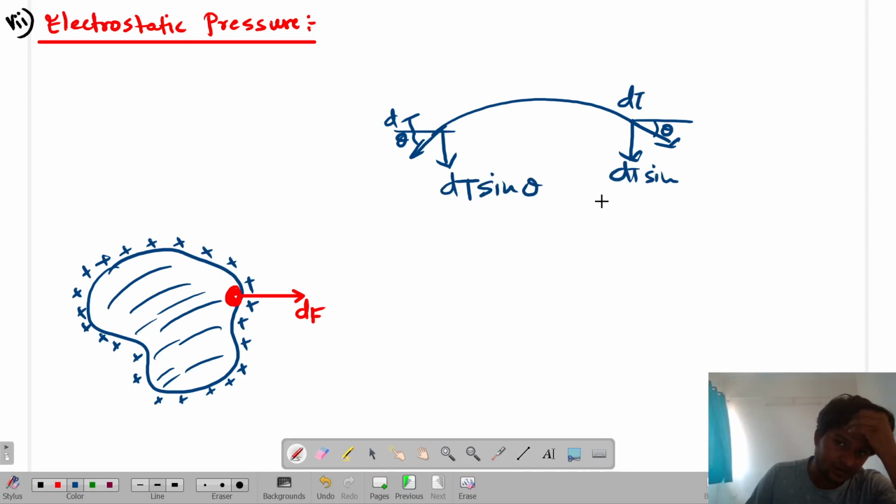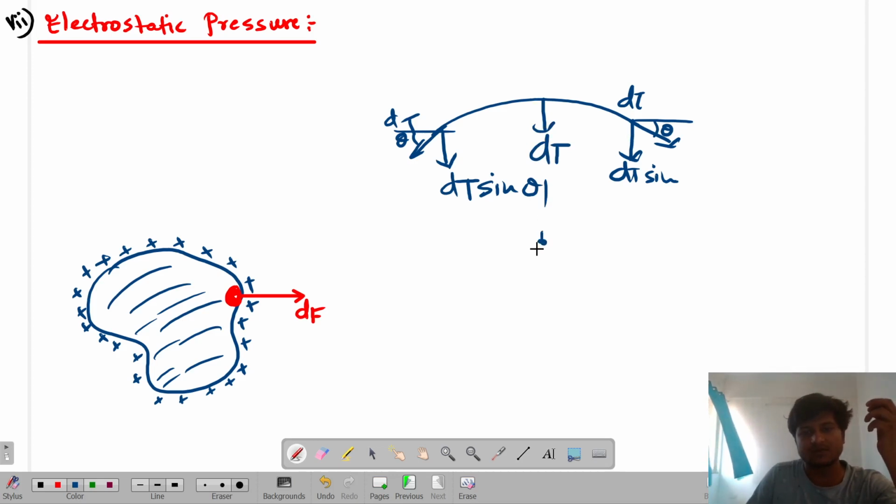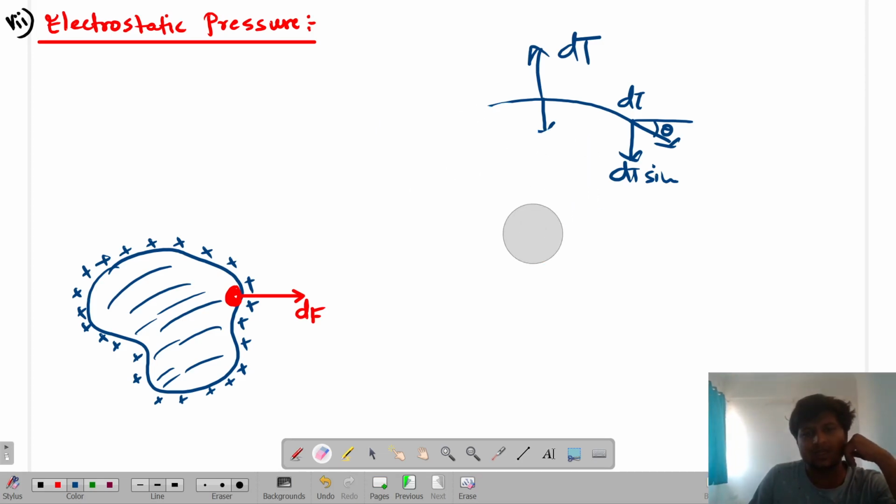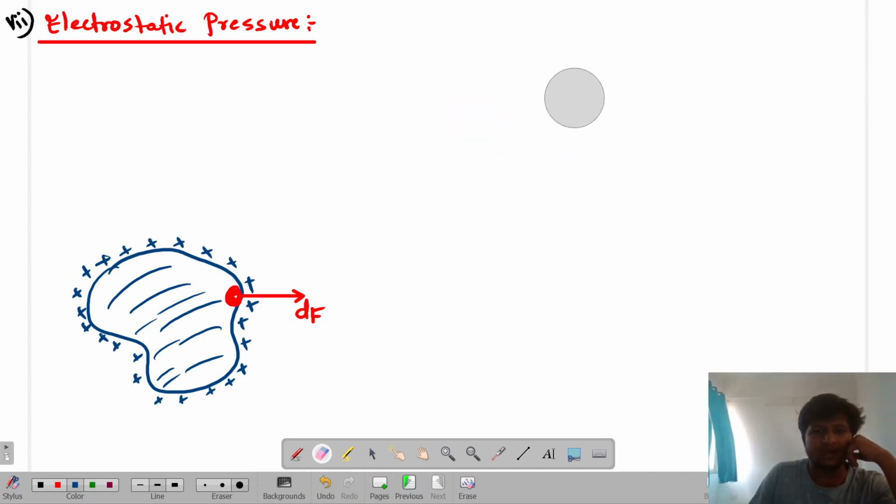Now, these thetas are very small. So the net tension developed is towards the center of the body, which is dT. And since it is a repulsive one, I'll consider it outside. Are you able to get me? Got it? So this is why every point is feeling some kind of force which is directed outside.